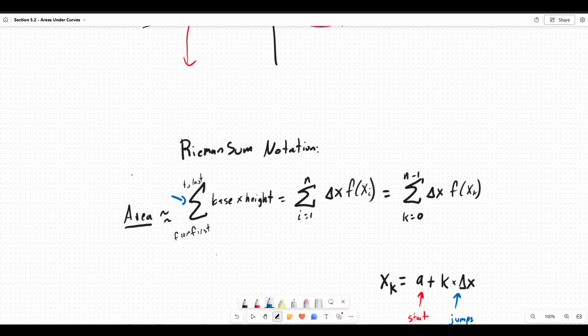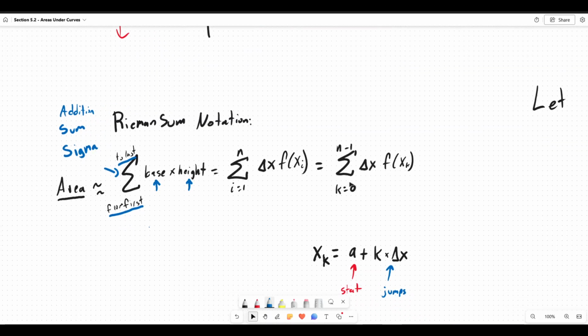First of all, we use a capital S Greek sigma to represent a sum or an addition. And we're going to start at the first and end at the last. So that's what the below and the above say. And ultimately, these become a base times a height.